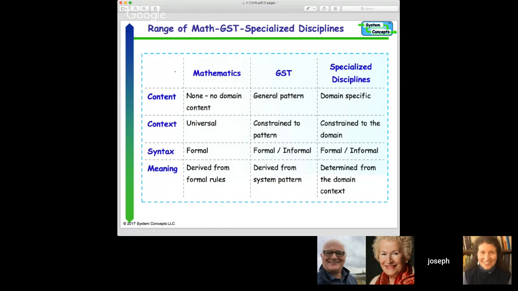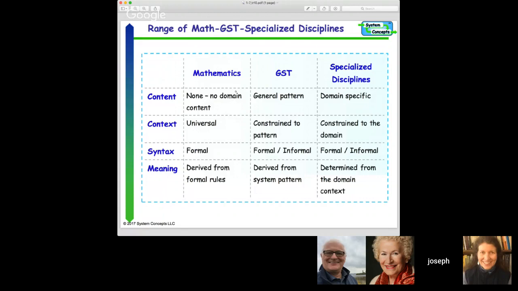Yeah, so we're working to start establishing and talking about the system pattern. So the semantics, like what we've been talking about here, the semantics of the logic comes from formal rules. And the semantics of the GST comes from a derived system pattern.